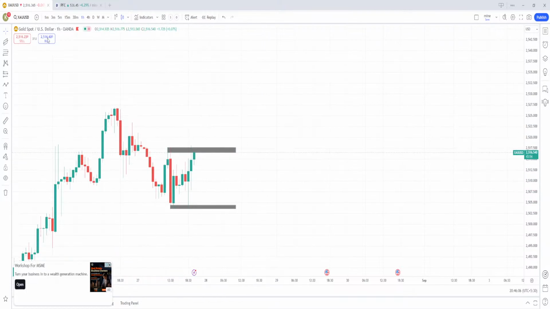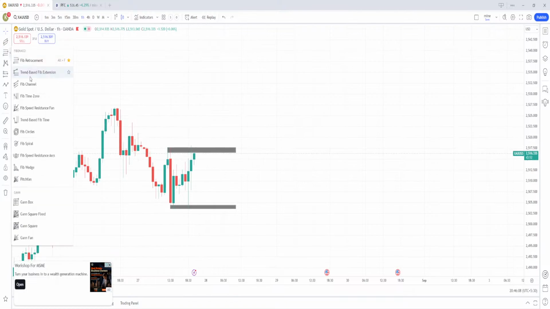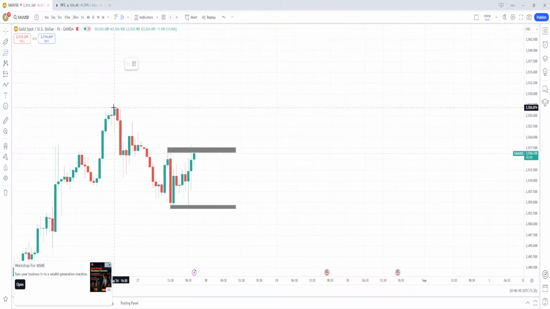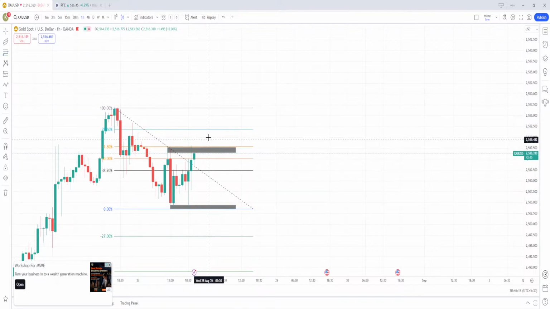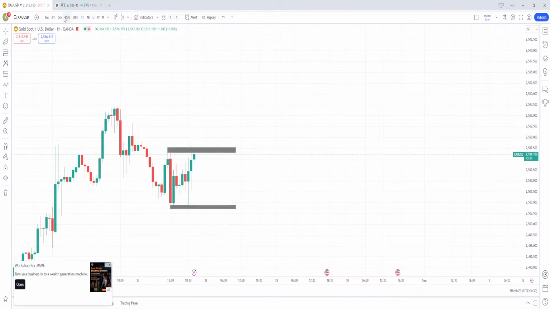I made this, and after this I took the Fibonacci retracement tool and took this rejection from 61.8 to 50%. So this is my entry, as I made earlier.